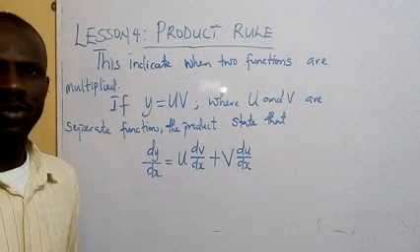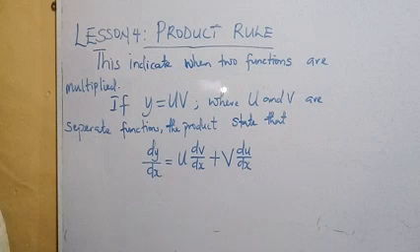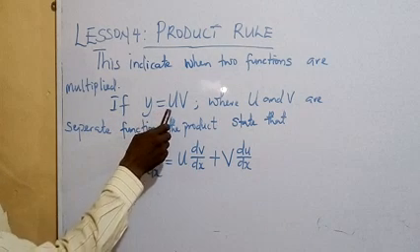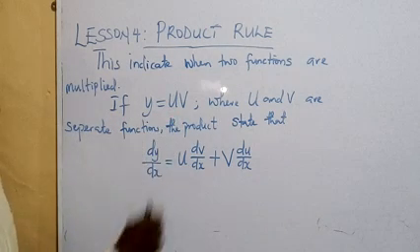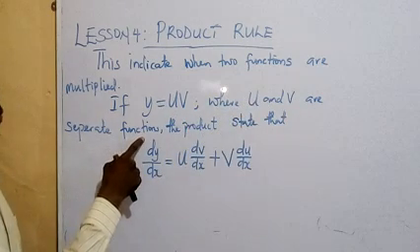What I have for you today is the product rule. That is another rule we can use to solve differentiation. The product rule applies when two functions are multiplied, that is, if y equals uv, where u and v are separate functions.